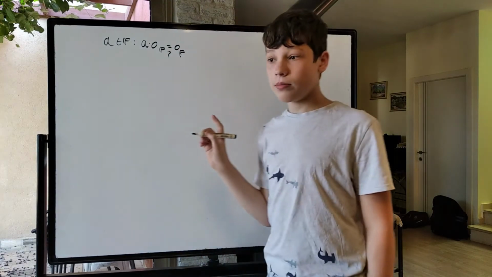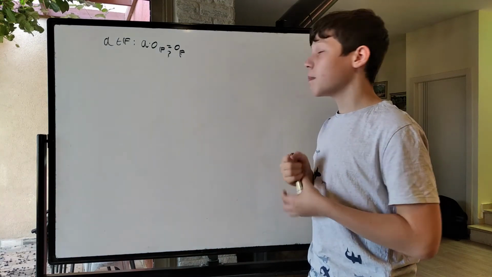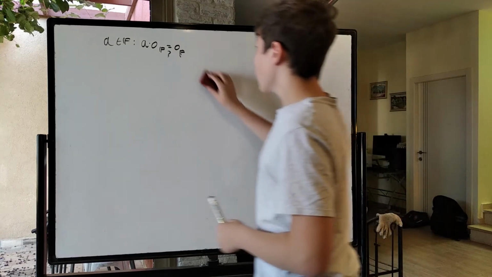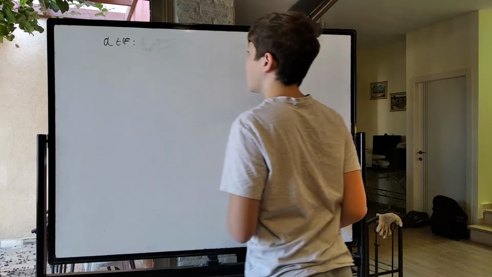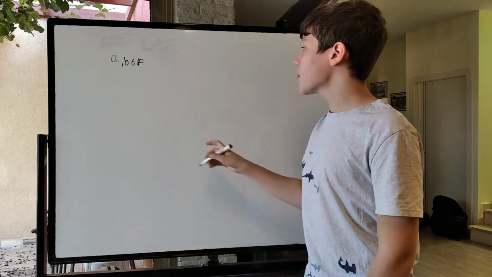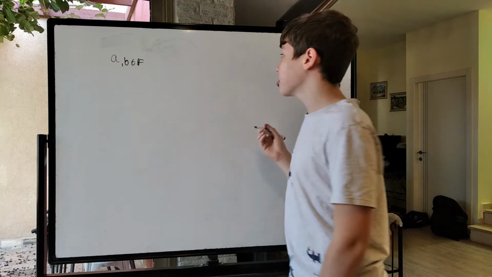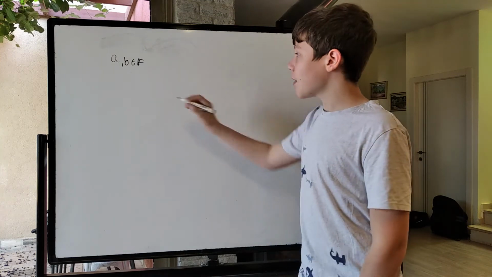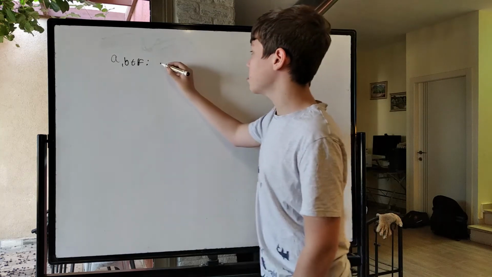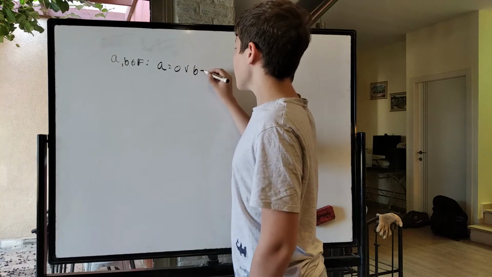Is that true? Now, I'm going to spoil the answer now. Yes, it is true. And furthermore, if we have A and B in a field F, then this statement we're now going to prove is always true: A is 0 or B is 0.